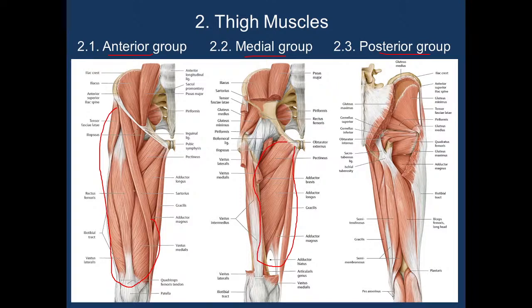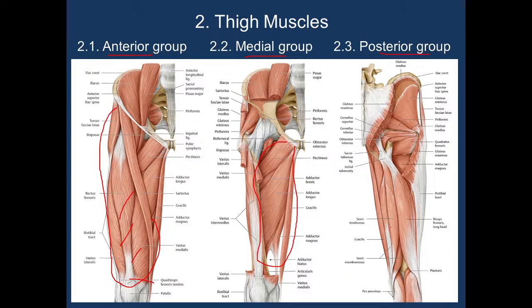Sometimes we call these quadriceps muscles, muscles of football players, and they flex the thigh in the coxal joints and knee joints.